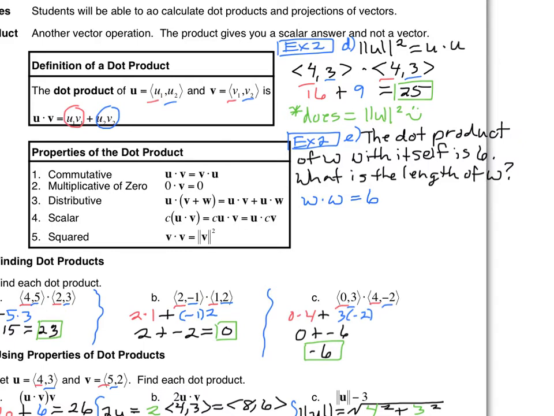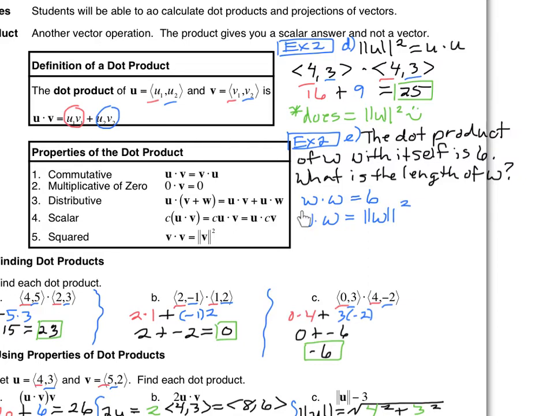I also know, based upon this theorem right here, this property right here, that the dot product to itself is also equal to the magnitude of that vector squared. So I could also say that W times W is equal to the magnitude of W squared. Wouldn't you agree? We just proved above here that it's true. So if that's true, I can make that conclusion as well.